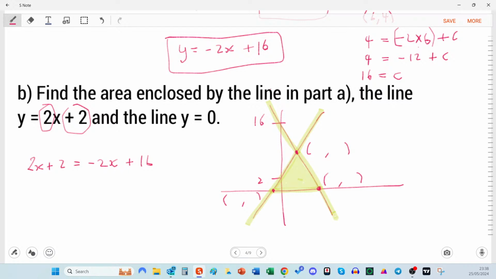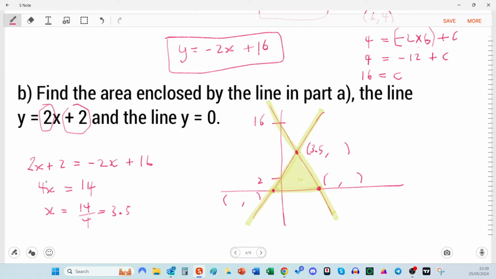Let's rearrange. So we've got 4x equals 14, and then x equals 14 over 4, which is 3.5.